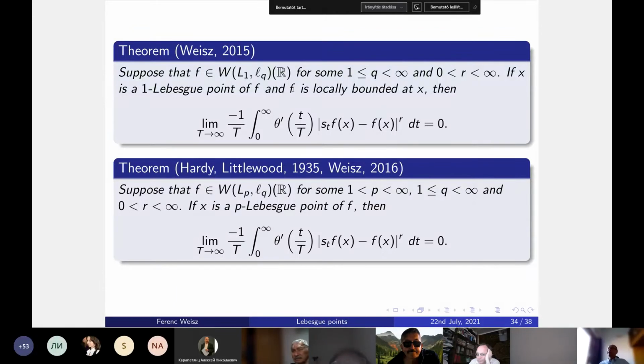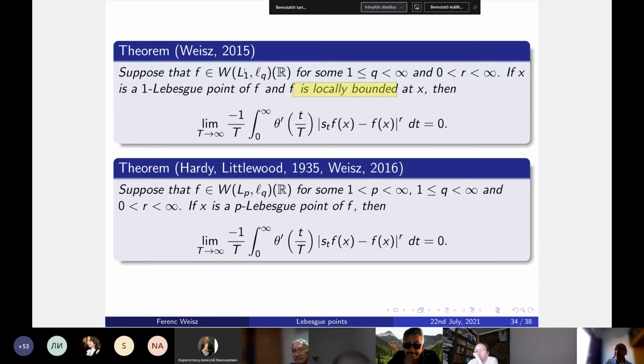If we leave this condition that f is locally bounded, then the theorem is not true. So it is not true that f is strongly summable for each one Lebesgue point. This was proved by Hardy and Littlewood.